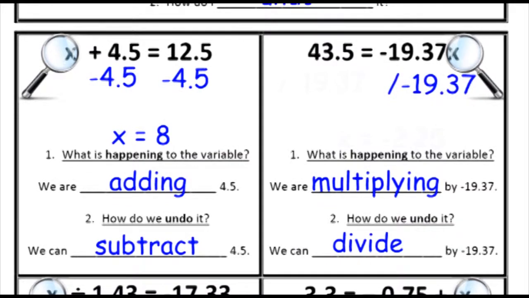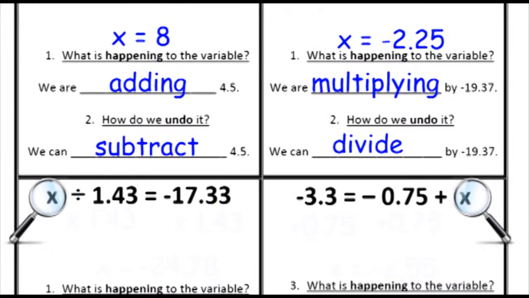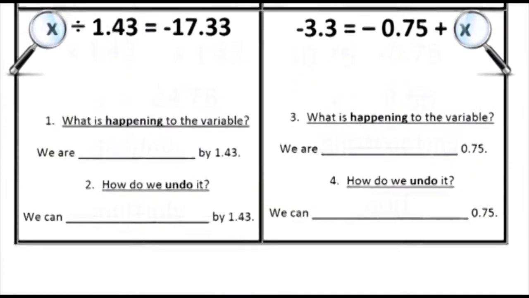If I divide on the left, negative 19.37 divided by negative 19.37 gives me 1. That's my identity. Do it to the other side, and you should get a variable equaling negative 2.25. Again, it's a quick calculator moment. So the decimals don't change anything. If I asked you to do it by hand, that'd be a whole other ordeal, but I am not asking you to.